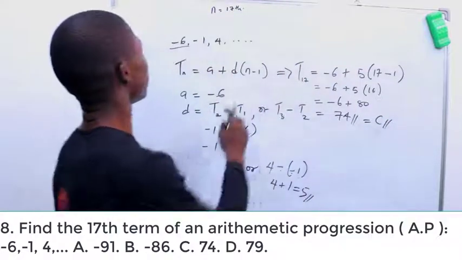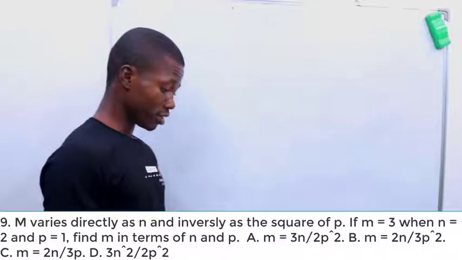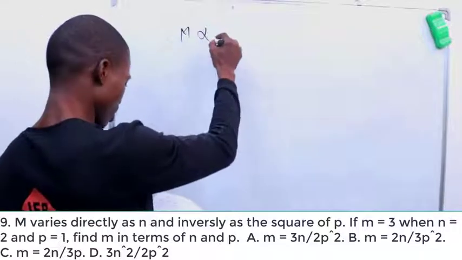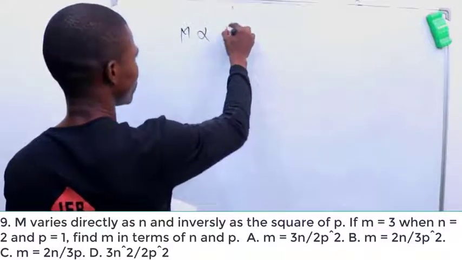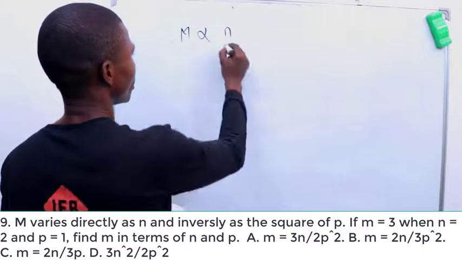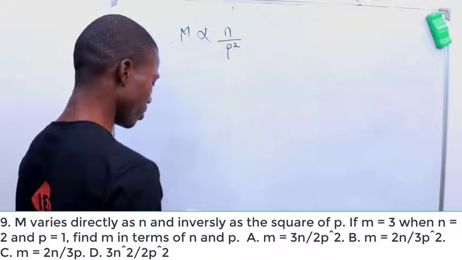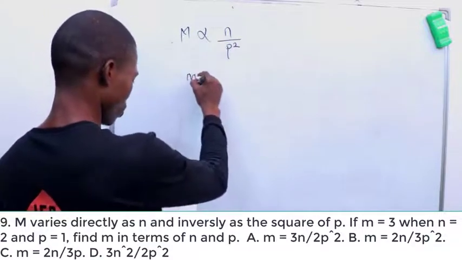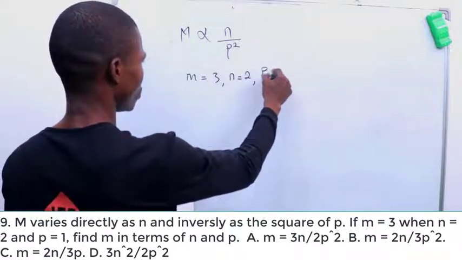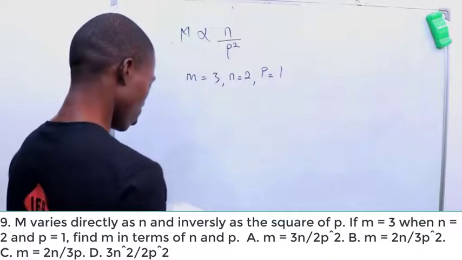So let's quickly go over to question number 9. Question number 9 says that m varies directly as n and inversely as the square of p. So this is m. And they say that m is 3, n is 2, and p is 1.